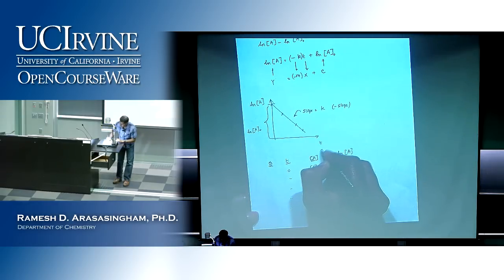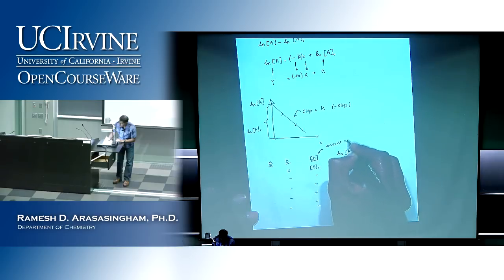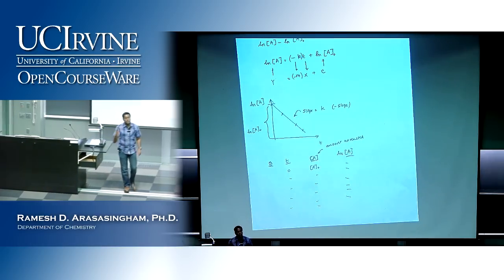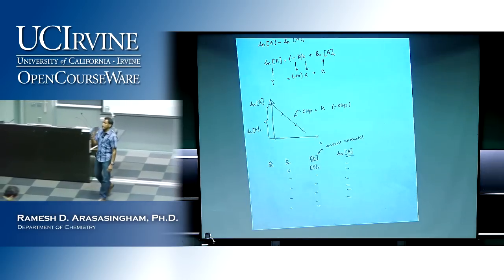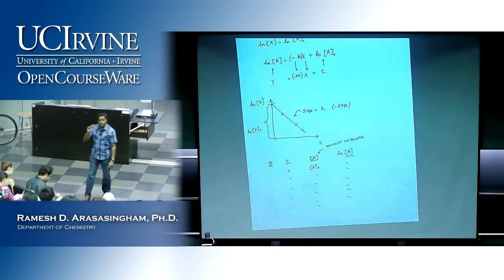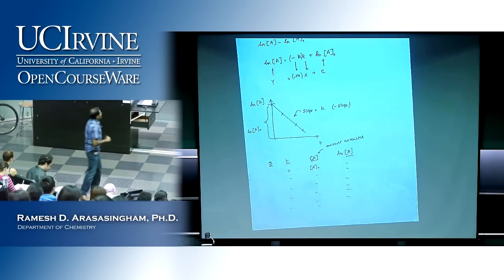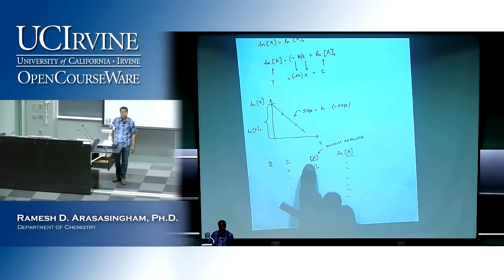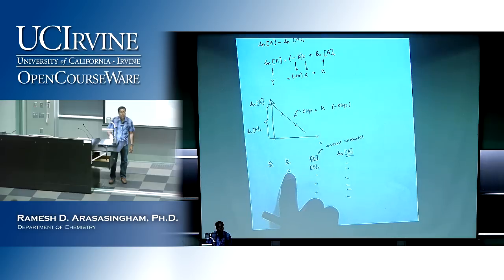Now, remember, the concentration of A is the amount unreacted. As the reaction progresses, the concentration of A is the amount that's left unreacted. At different time intervals, you can measure the concentration of A. At the beginning, when t equals 0, it will be A0, and then you just measure the concentration at different times.